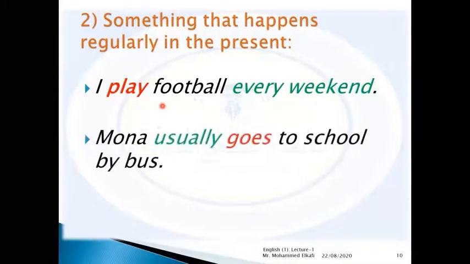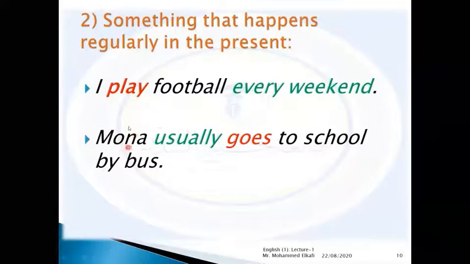Also another example, Muna usually goes to school by bus. Here we have the form Muna usually goes to school by bus. Because it's usually, we use the present simple form, the rule of S, and here we use ES. Why? Yes, you are right, because the verb go ends in O, and after O we should add ES in the present simple form. So why did we select S or ES here? Because Muna is she.